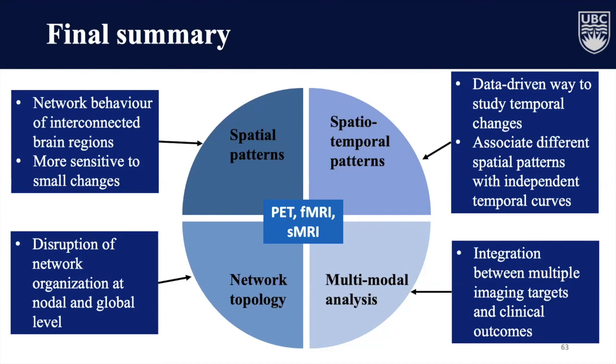And all of these methods should be applicable to other neuroimaging data, including other PET tracers, functional MRI, or even structural MRI, and it should be applicable to a wide range of clinical applications. And we're also currently planning to incorporate resting state functional MRI information with our PET data to connect brain activity signal with neurotransmitter changes.